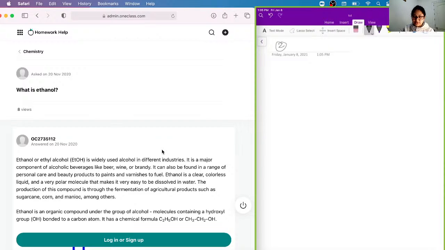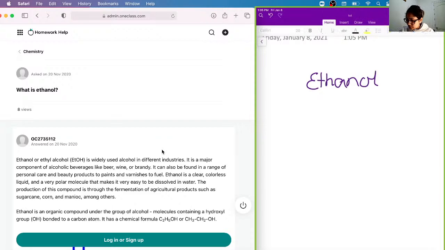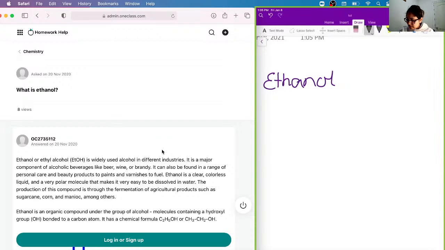Second question says, what is ethanol? And so ethanol is also known as ethyl alcohol. So a shorter abbreviation to write it would be ETOH.